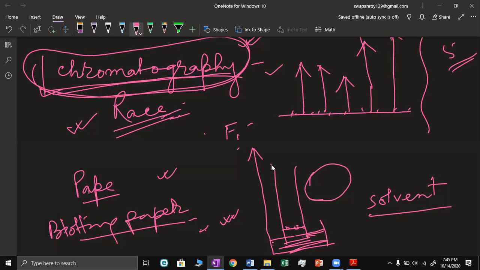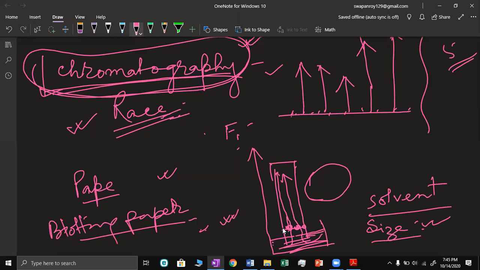This paper will start absorbing the liquid, and as it absorbs, the solvent is moving. The mixture components also will start moving along with the solvent, and their movement will depend on their size and molecular weight.